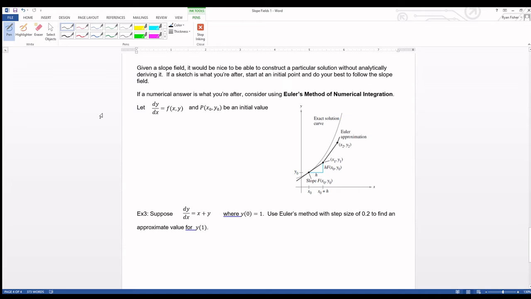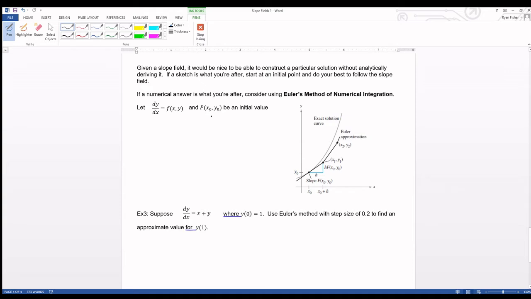What we're trying to do is we have some slope field going on in the background. We don't know exactly what this curve is. What we do know is that we have a rule for the function for this differential equation, and we know an initial value. We know a coordinate that's definitely on this solution.